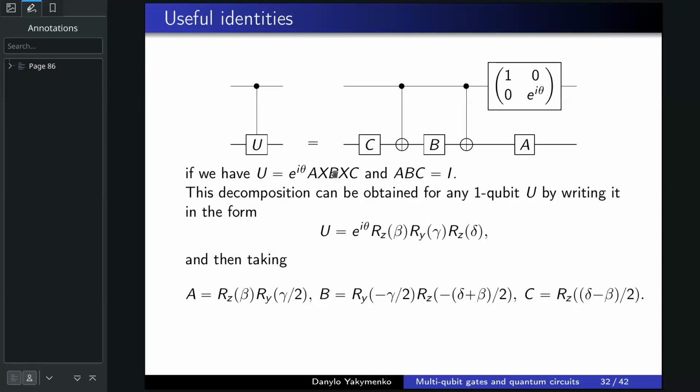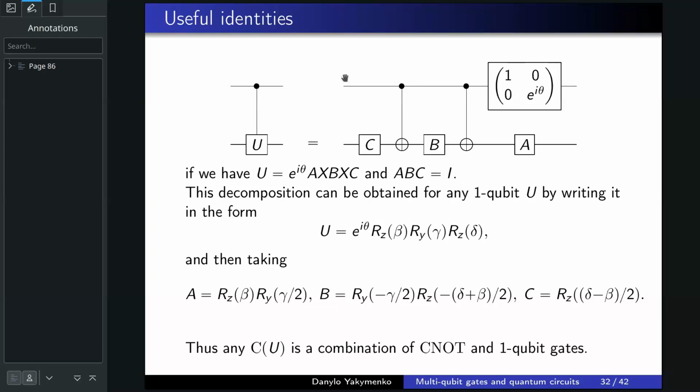Now, why is this identity important? It follows that the controlled version of some single qubit unitary gate is a combination of two C0 gates and four single qubit gates in general.